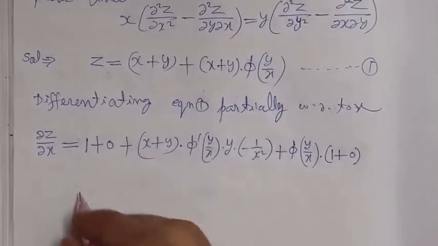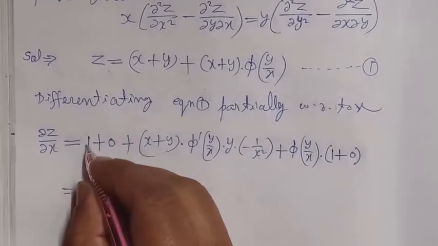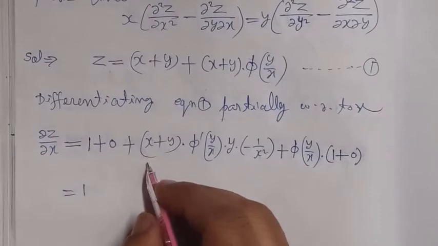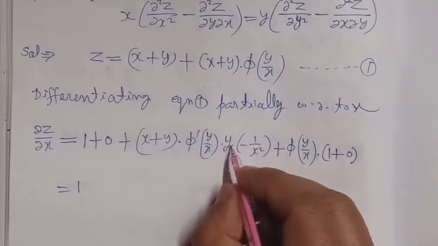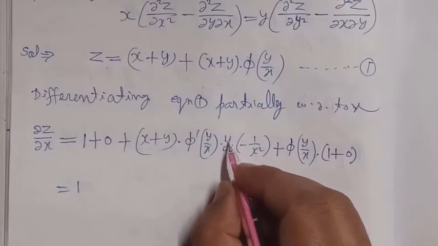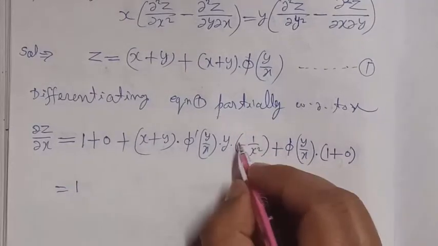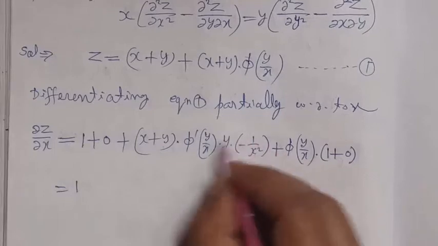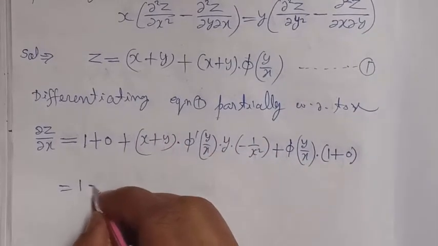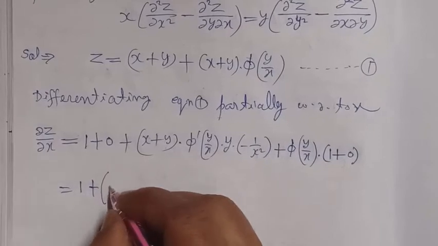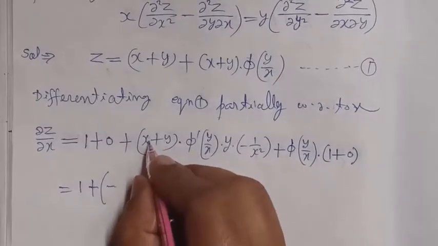Now we can write 1 here, and we have minus y upon x square. I multiply this value into the bracket, so we will get minus y upon x square.